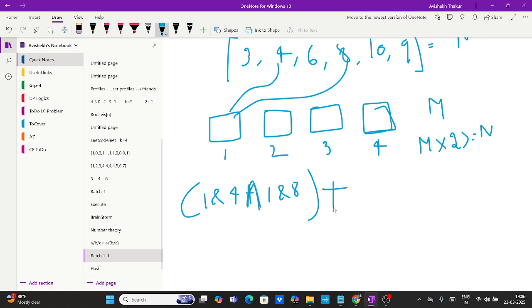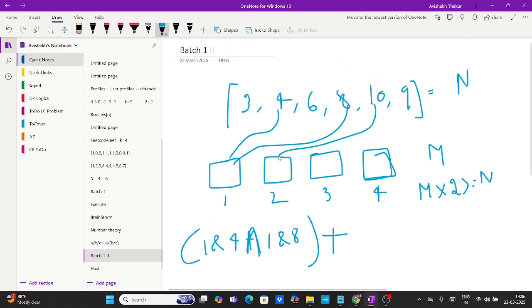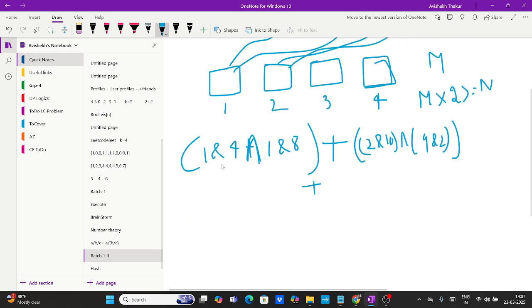Let's say I fill 10 and 9 in slot 2, then it will be 2 and 10 XOR 9 and 2. Now what you need to do is maximize this value. This is the question.